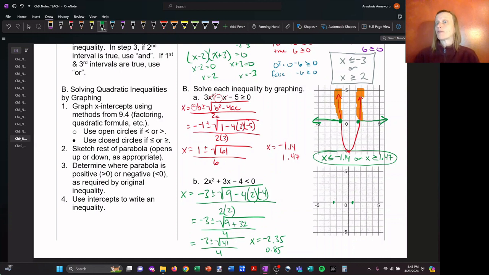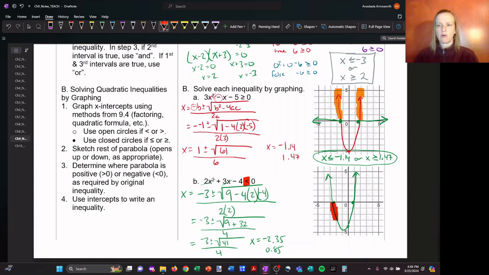Again, it's very easy to graph the y-intercept. If x equals 0, this term disappears, and my y-intercept is at negative 4. So I know my parabola looks approximately like this. And for this inequality, I want to know where my parabola is less than 0.